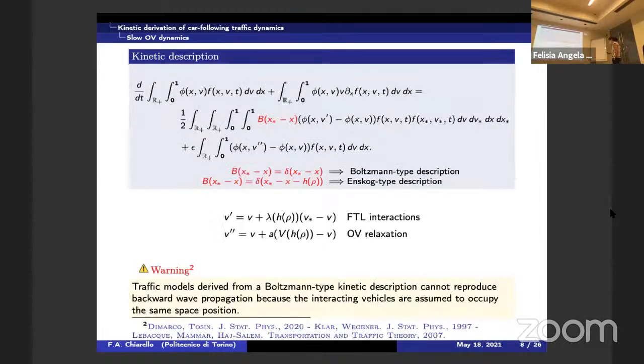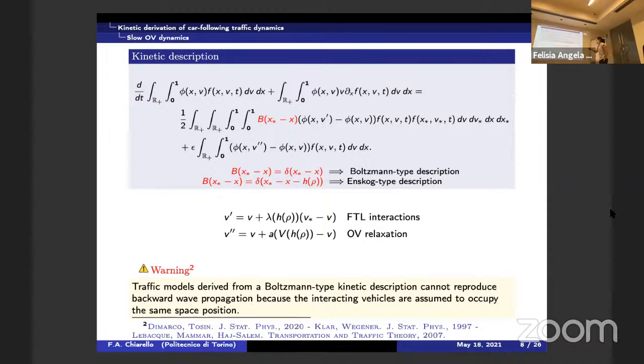So now we would like to give an aggregate description of our particle system. And in order to do this, we use this kinetic description. Here you see that the right-hand side of this equation is a collisional Fokker-Planck operator. In particular, this T is a collision kernel that relates the position of the rear vehicle and the leading vehicle.